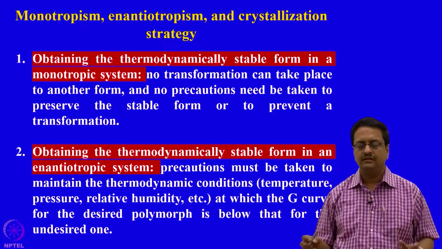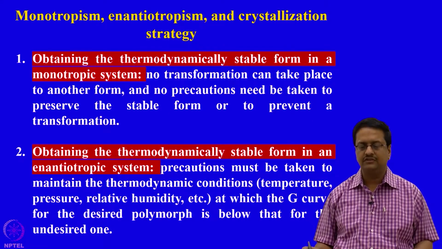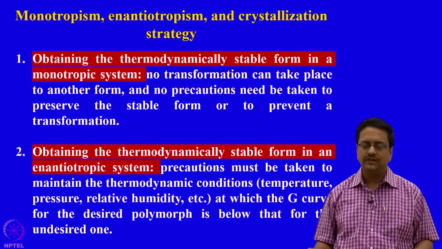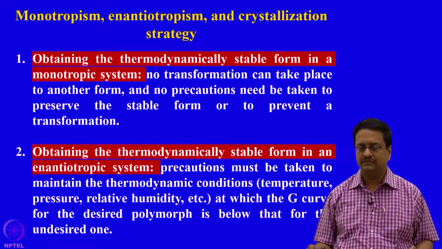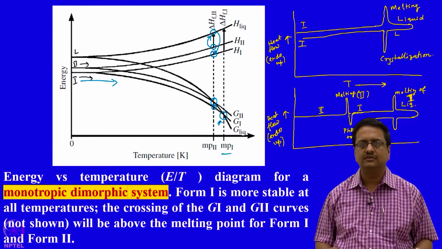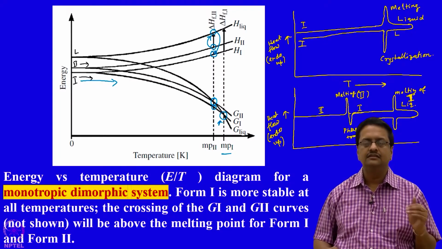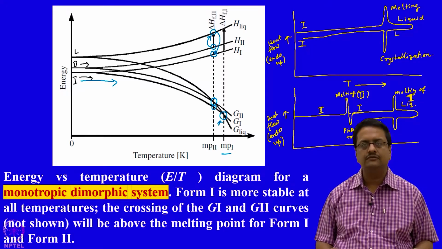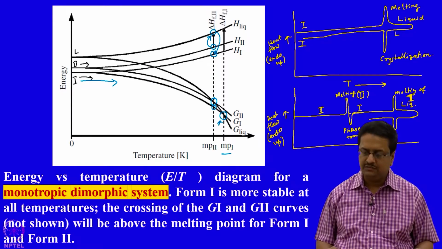When we can identify monotropism and enantiotropism, we should be able to obtain different phases using different methods. So, how to obtain the thermodynamically stable form in a monotropic system? What is a monotropic system? This one is a monotropic system where the G curves of form 1 and form 2 do not intersect before melting.